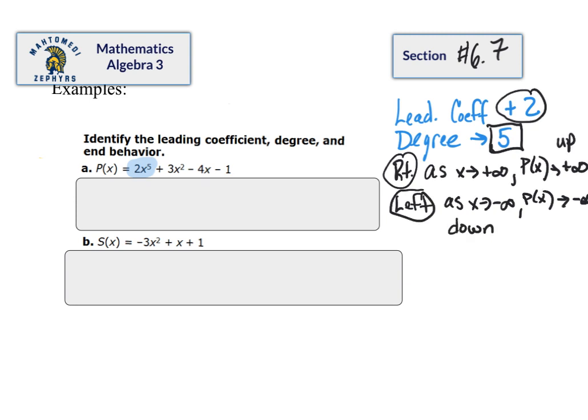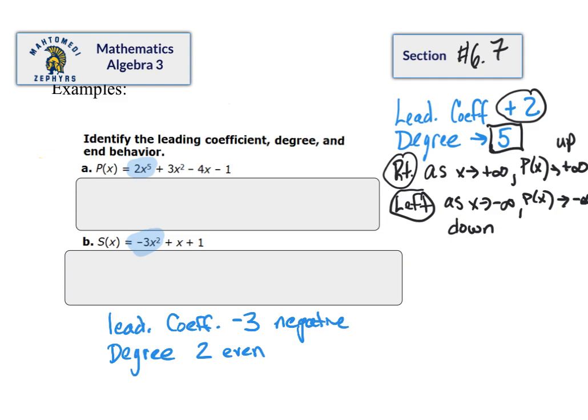Okay? Second example. Now, if we identify the leading coefficient, the leading coefficient in this example is negative 3, and the degree is 2, which is even. So we have a negative leading coefficient and a degree that's even.